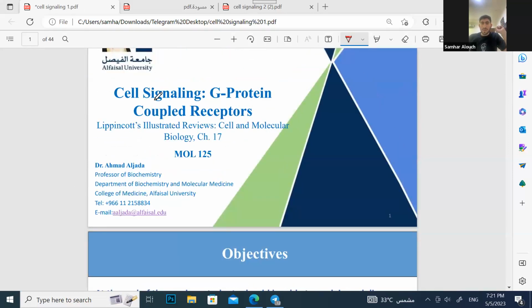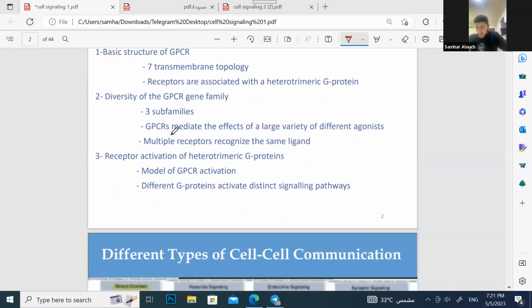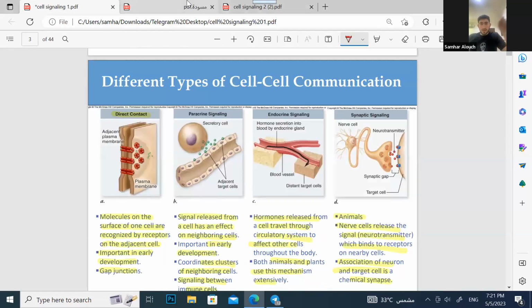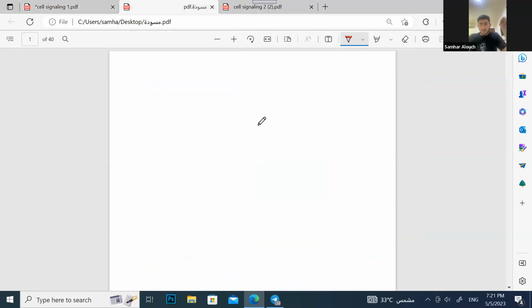So first we will start with cell signaling 1. I will also be going back and forth between this white sheet to explain on it, and then we go to the slides. So let's start. First, you learned in the blocks that you took that it's like this: we have the membrane of the cell, and on the membrane we have a receptor.